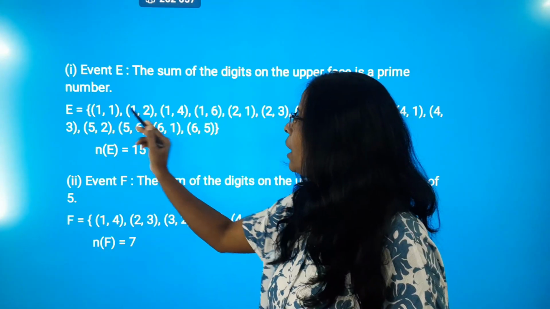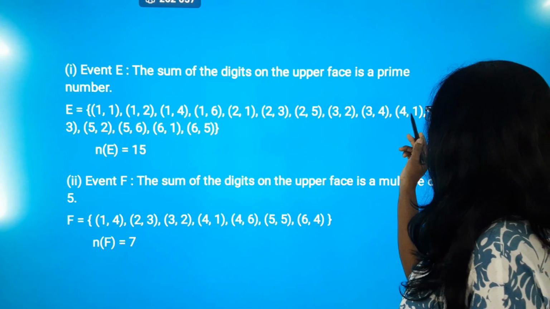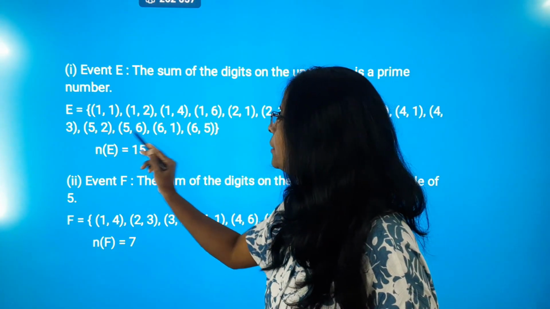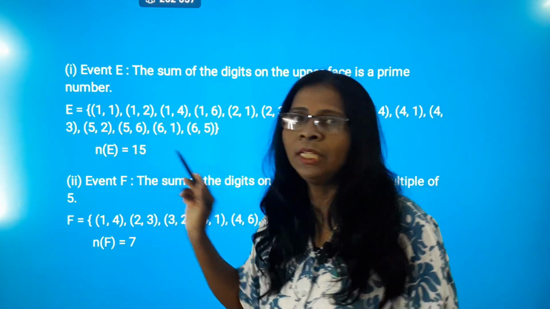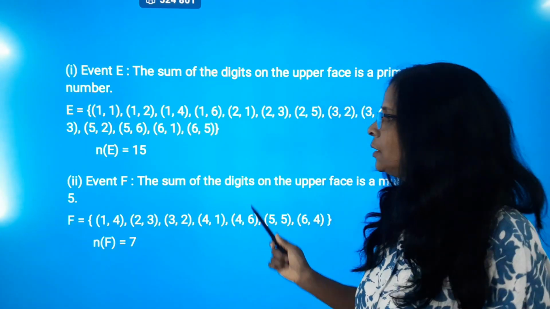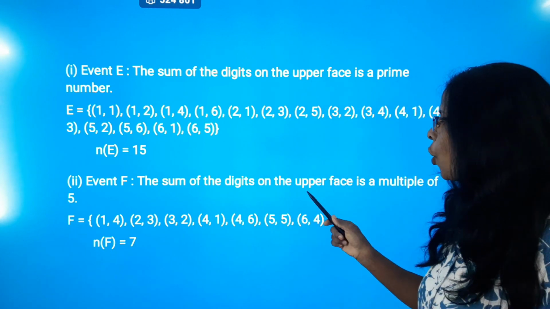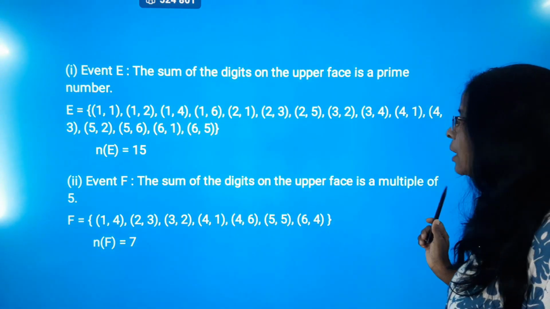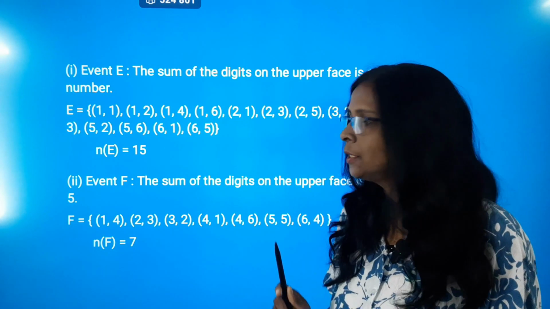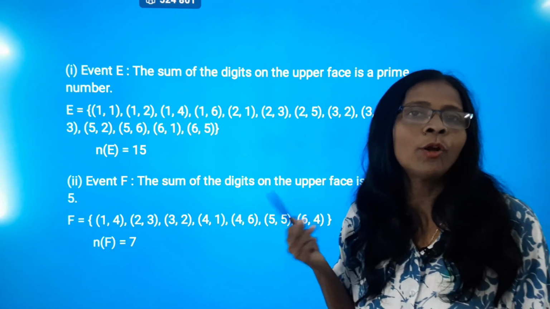See: 1, 2, 3, 4, 5, 6, 7, 8, 9, 10, 11, 12, 13, 14, 15. So n of E is equal to 15. Second event, students, that is event F: the sum of the digits on the upper face is a multiple of 5. So now the sum will be a multiple of 5.